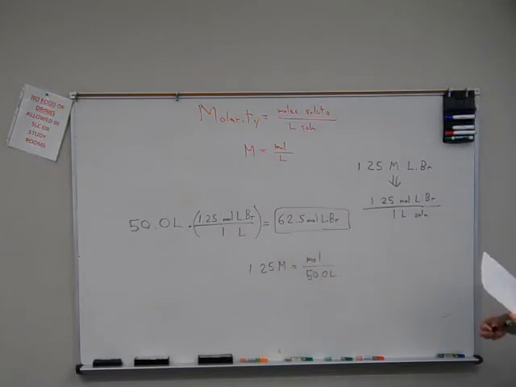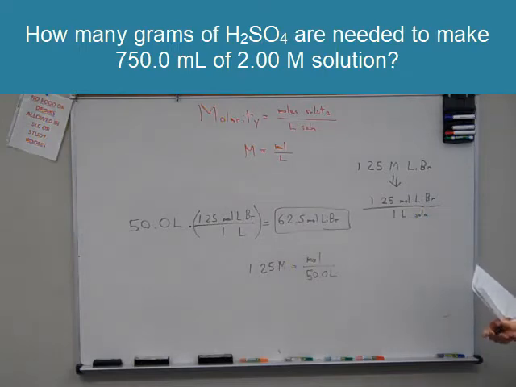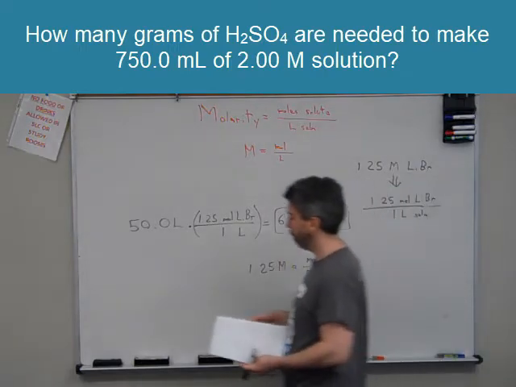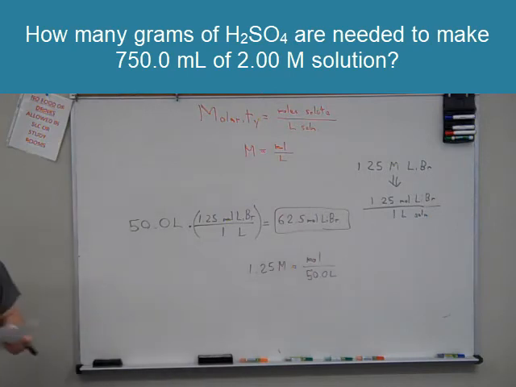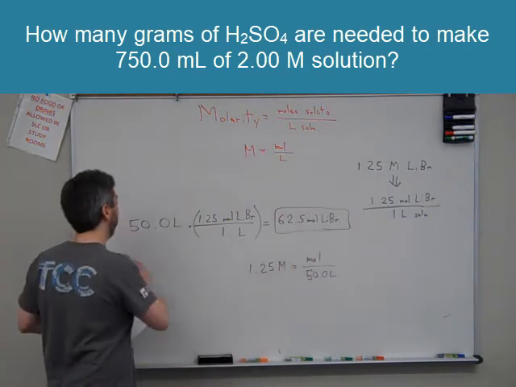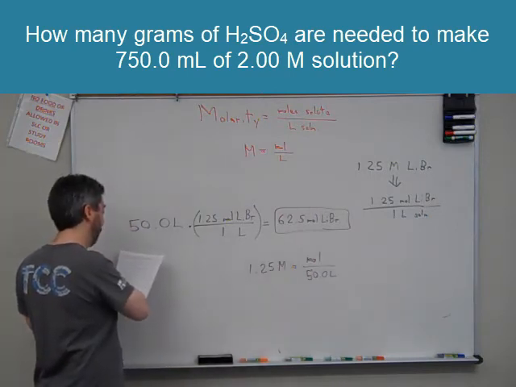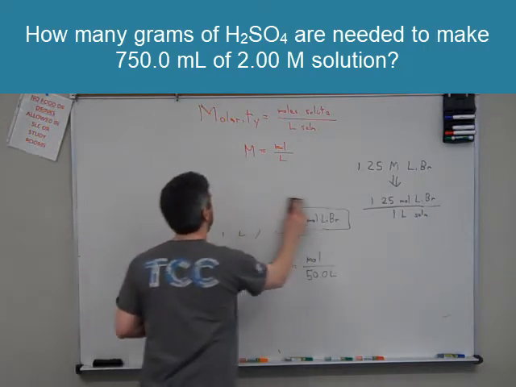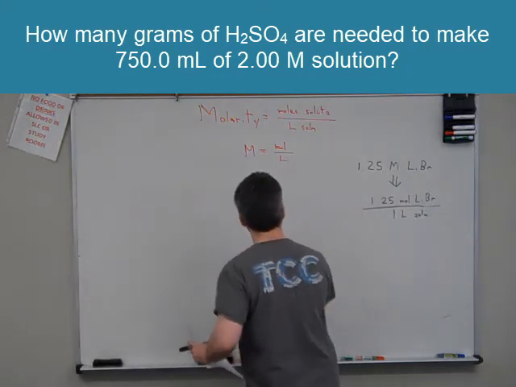Now let's take a look at number 13. It says how many grams of H2SO4 are needed to make 750 milliliters of a 2 molar solution. Once again, we're given molarity, which means we can use it as a conversion factor.